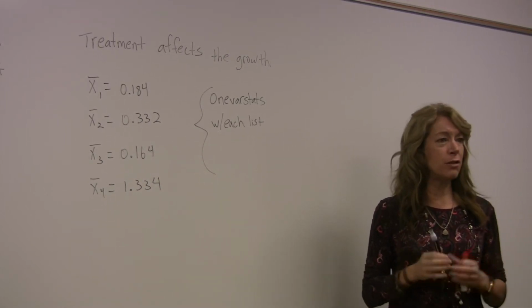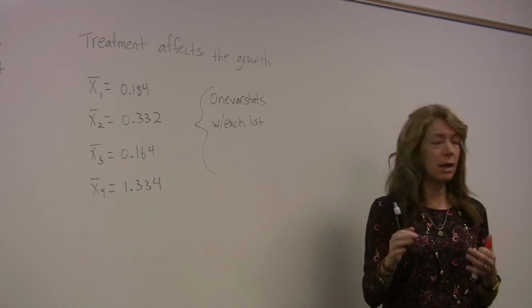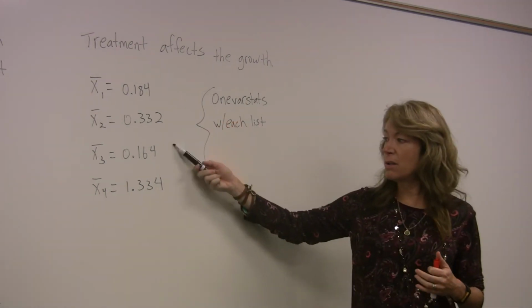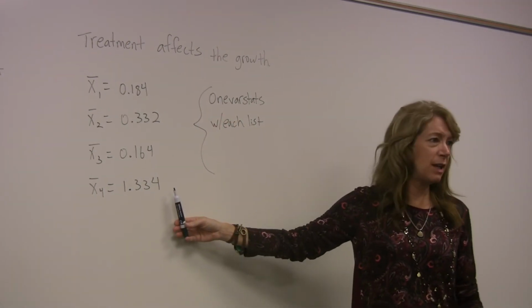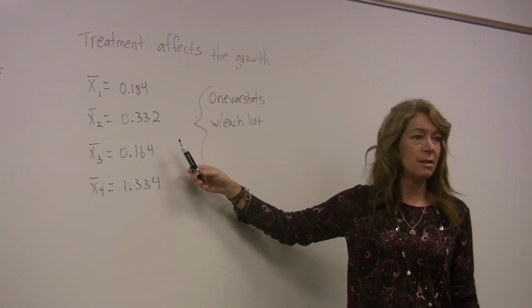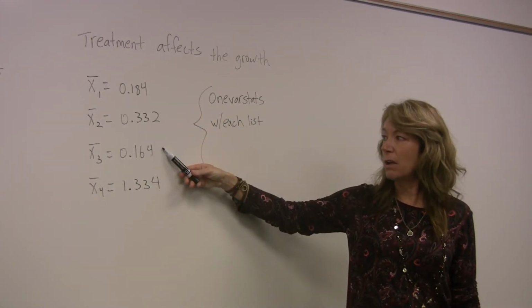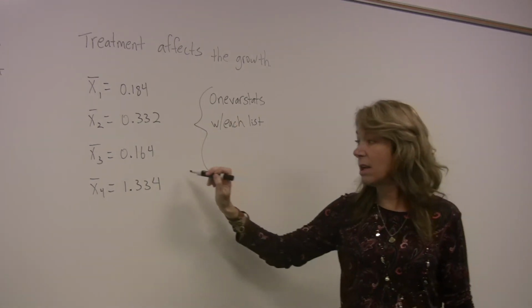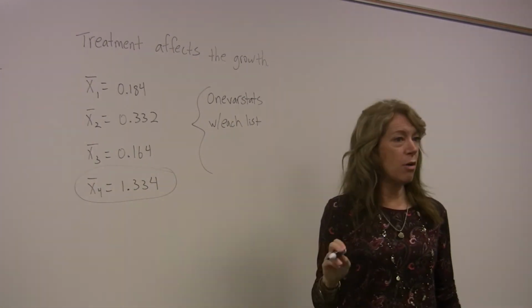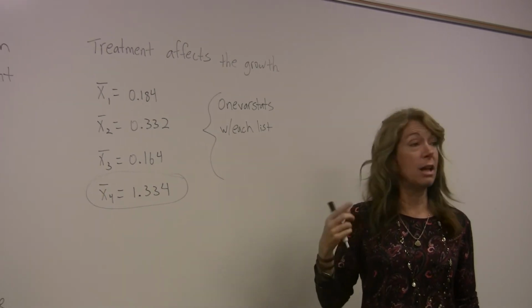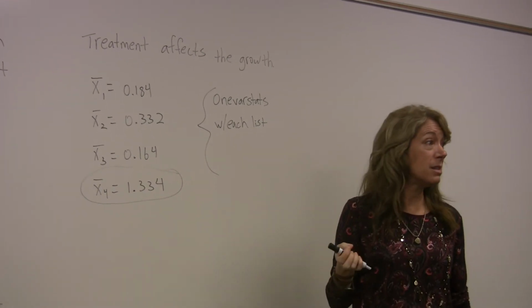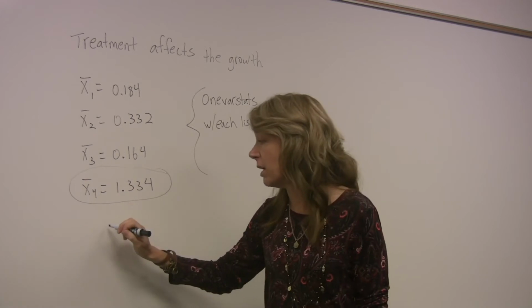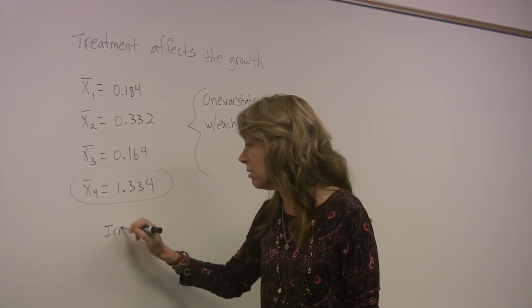But if you couldn't tell for sure, if you had really long lists or they were kind of close, this tells you right here which sample mean is the largest. This one is significantly higher than these other guys. This is the mean weight here, the mean weight, the mean weight. This one is much higher than all the rest. So because this one has the highest mean, we know that's the population that seems to be the best. So this one, number 4, was irrigation and fertilization.